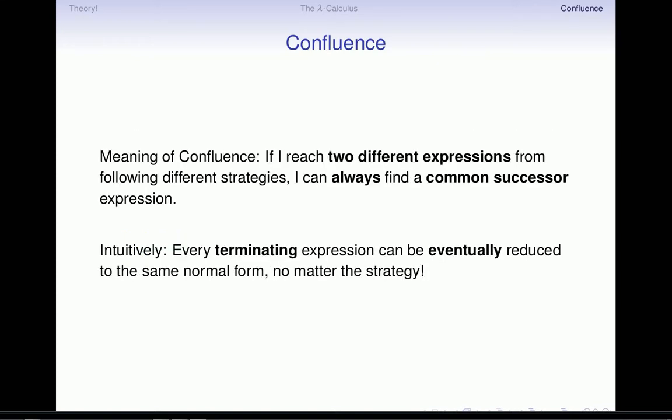Confluence therefore means if I reach two different expressions from following different evaluation strategies, I can always find a common successor expression. That means intuitively that every terminating expression can eventually be reduced to the same normal form, no matter the strategy.